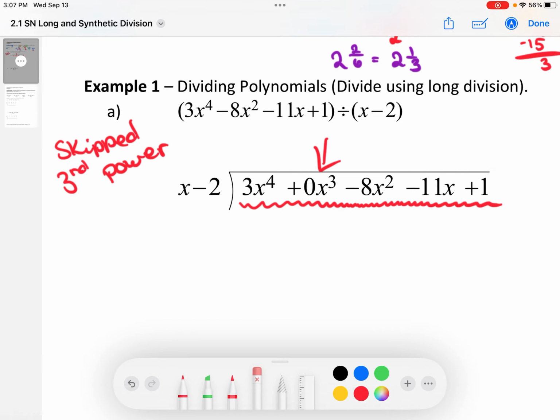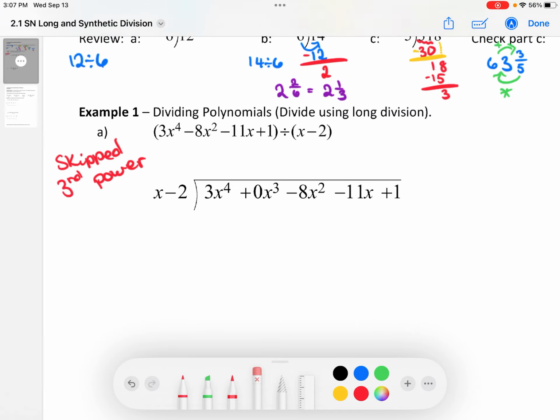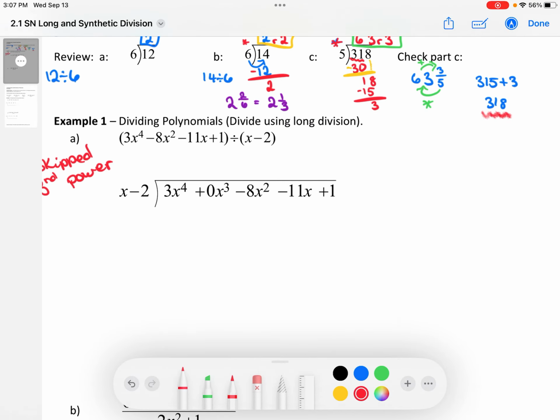So whatever power is the highest, in this case 4, we need to use every power less than 4. So we have to have a 4th power, then a 3rd power, a 2nd power, a 1 power, and no power. Once we have all of those terms in, we can do this division.